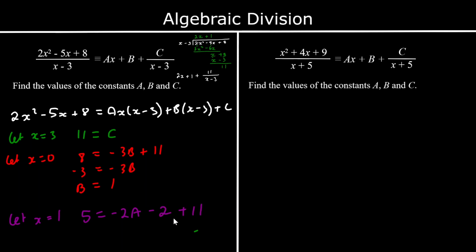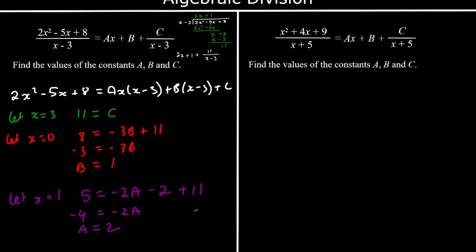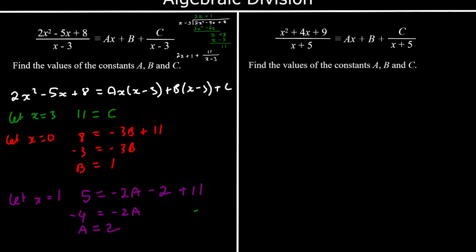So we're going to take away 9 from both sides. So negative 4 equals negative 2a. A is 2. So we've worked out what a, b, and c are, and we can substitute them in. So 2x plus 1 plus 11 over x minus 3.